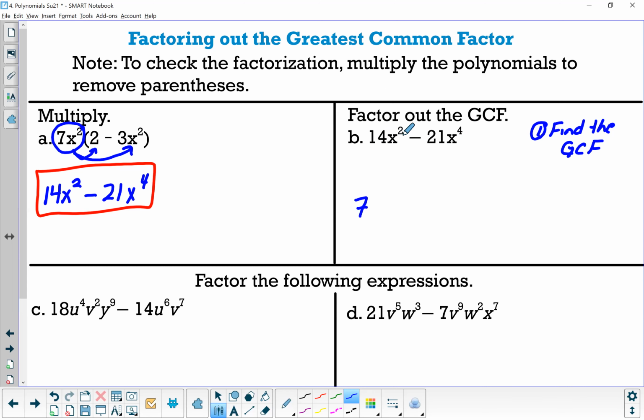And then between x squared and x to the fourth, the greatest factor would be x squared. So 7x squared is our GCF. Then you're going to divide by the GCF to get the second factor.